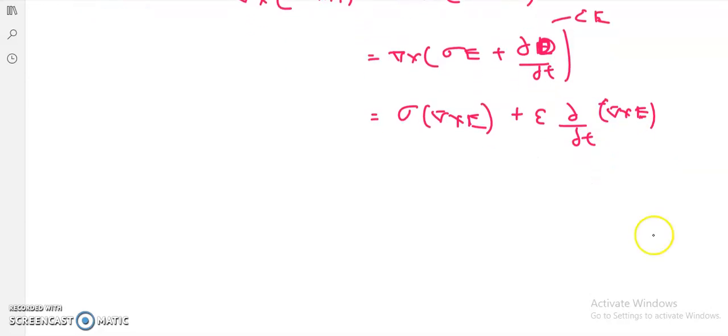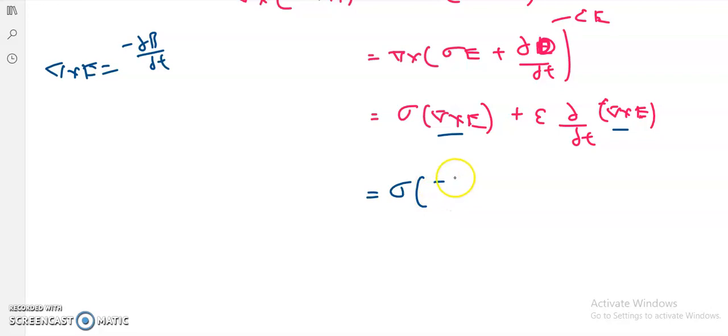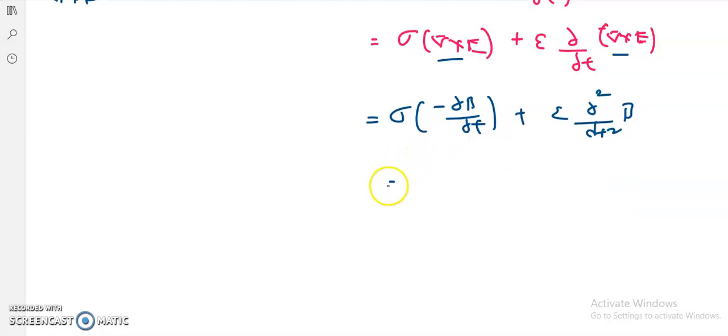Okay, so I can write like this. And again from Maxwell's second equation in time varying fields, del cross E is equal to minus dou B by dou T. So I'm just substituting here and here, that is minus dou B by dou T. So sigma of minus dou B by dou T plus epsilon dou square by dou T square of B. Okay, so it is a concept we will get.